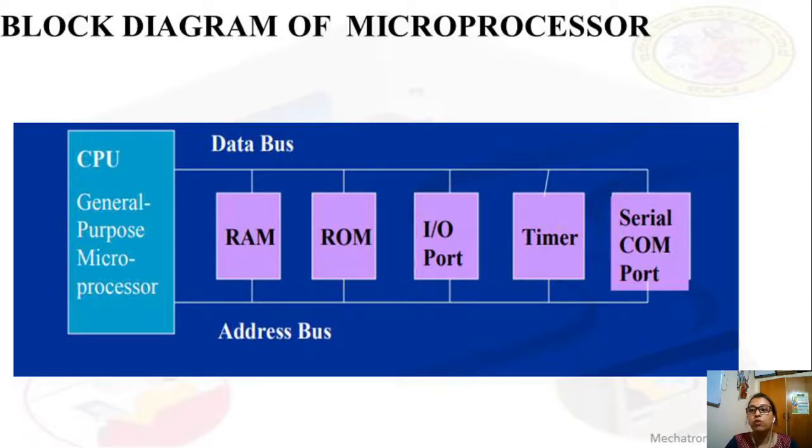The CPU consists of the ALU, arithmetic and logical unit, to perform arithmetic and logical operations, and also inside the CPU we have a program counter, stack pointer, working registers, clock circuitry and interrupt circuitry.